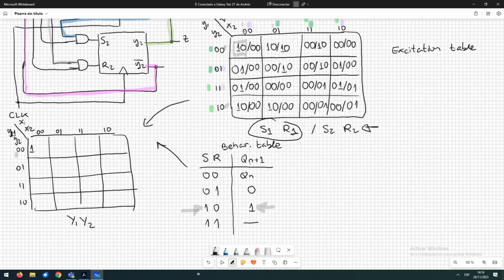If the input is 1, 0, in all these cases we are going to have a 1 because we are in this row. So for all the 1 0 we are going to have a 1.